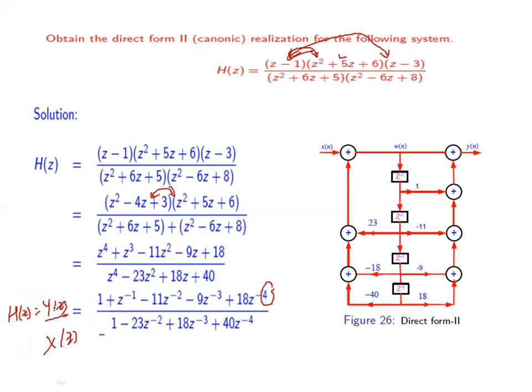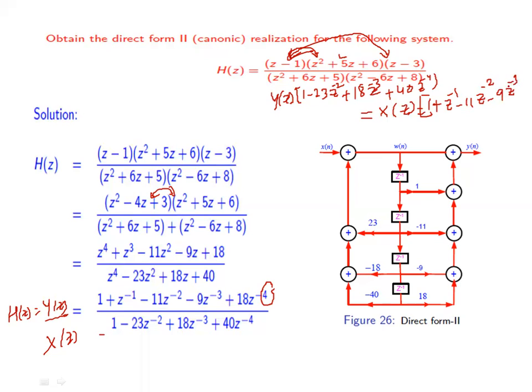Converting this into the difference equation, we can write y of z into 1 minus 23 z power minus 2 plus 18 z power minus 3 plus 40 z power minus 4 is equal to x of z into 1 plus z inverse minus 11 z power minus 2 minus 9 z power minus 3 plus 18 z power minus 4.